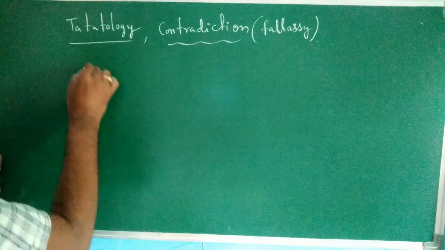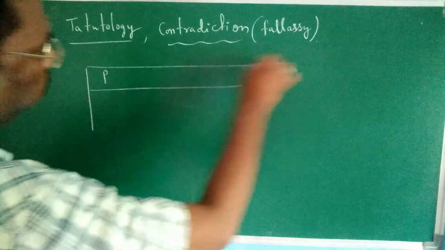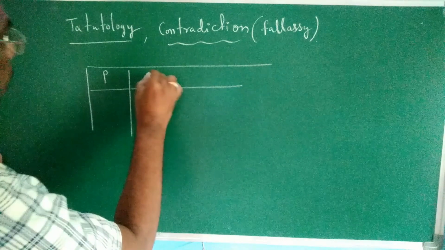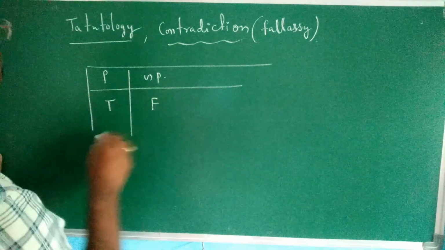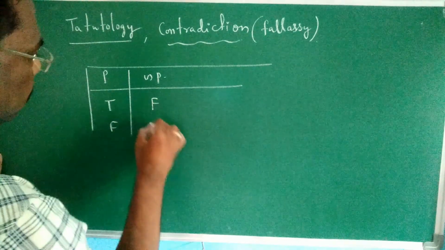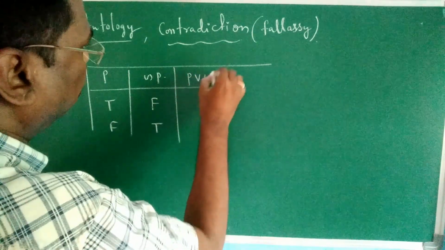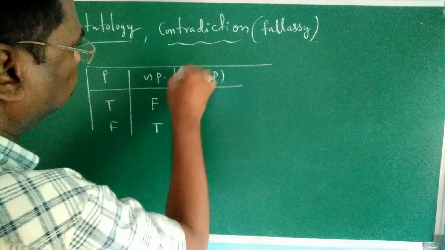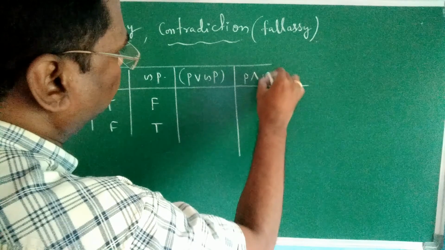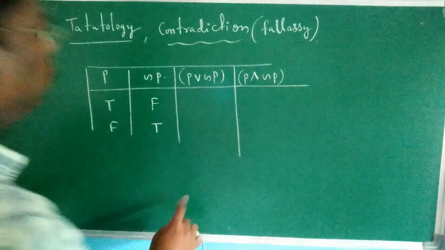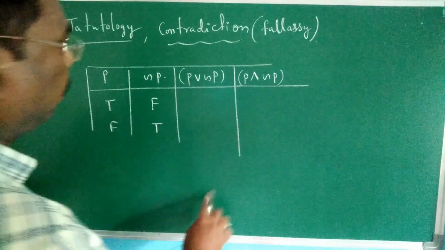Okay, now truth table, now here P, negation P. True, negation P false. Now here false, true. Next one, P or negation P. Next one, P and negation P. Okay, now P or negation P means second connective.